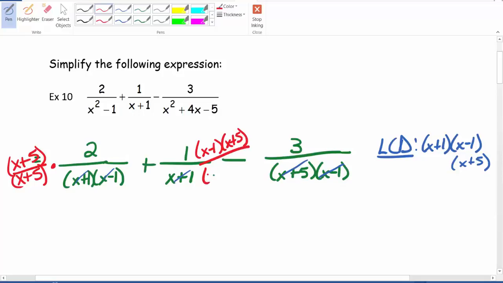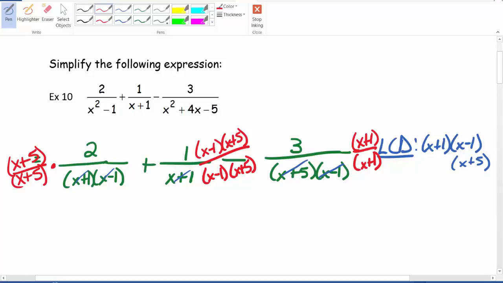And again, we're applying that to the entire top and the entire bottom. So really this is one big form of one, a fancy way of saying one. On the bottom right, it already has an x plus 5 and an x minus 1, so the only thing it needs is an x plus 1. So we're going to multiply the top by x plus 1 and the bottom by x plus 1.